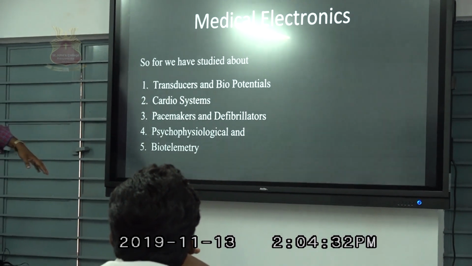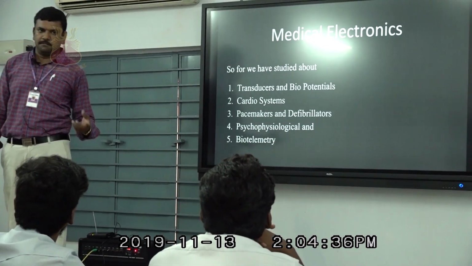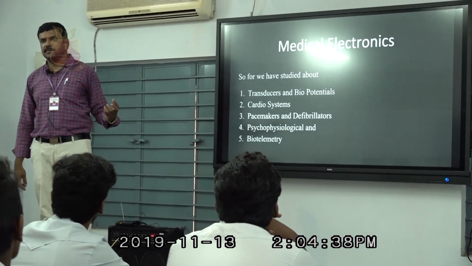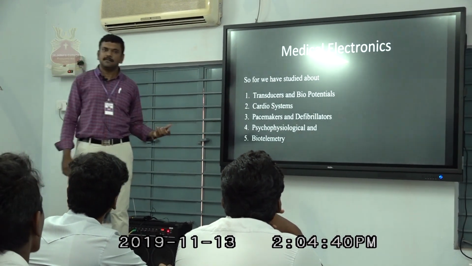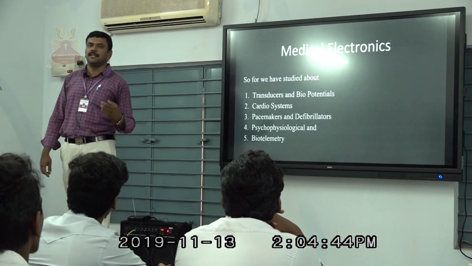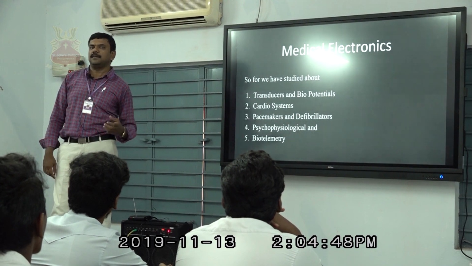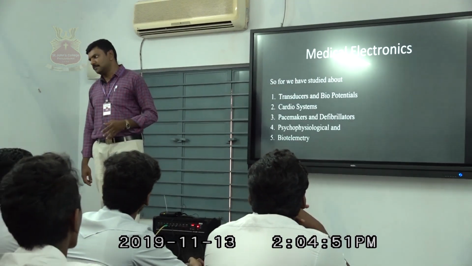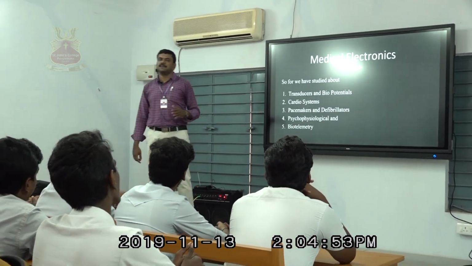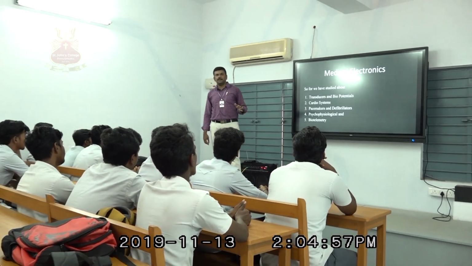To avoid the situation and to make the heart function with a proper rhythm, a device called a pacemaker is attached in the body. It may be a demand pacemaker or triggered pacemaker. A demand pacemaker will deliver a pulse only when it is needed, and a triggered pacemaker gives the pulse only when it is triggered. Another type is the synchronous pacemaker. It will keep synchronized with the heartbeat.